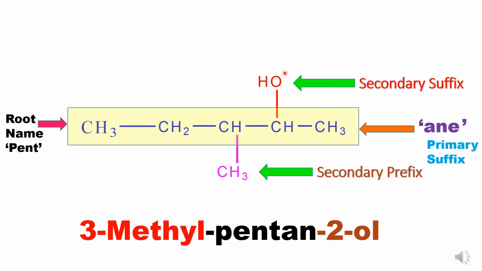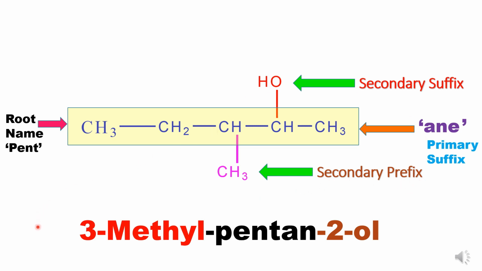Now the functional groups present are OH and methyl group. If two functional groups are present, then on the basis of priority we can decide which one is the highest priority group and which one is the lowest. When we compare OH and CH3, we find that the OH or alcoholic group has the highest priority. So this OH becomes the secondary suffix and automatically the methyl group becomes the secondary prefix.